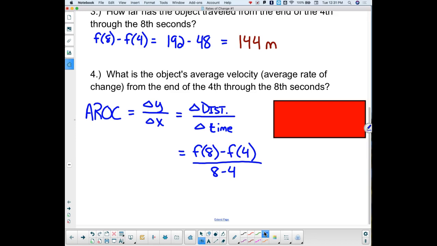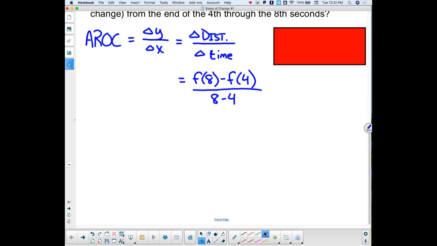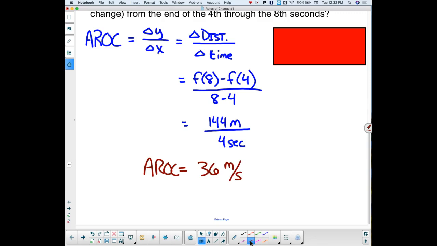Well, we've already done most of this math. We said that that was 144 meters. We said that that was 4 seconds. So 144 divided by 4 is 36 meters per second.